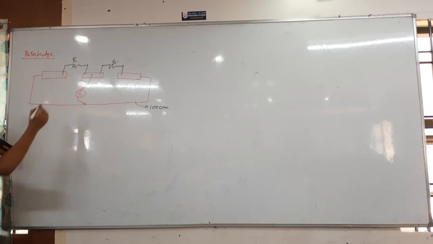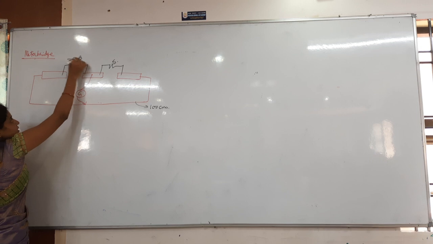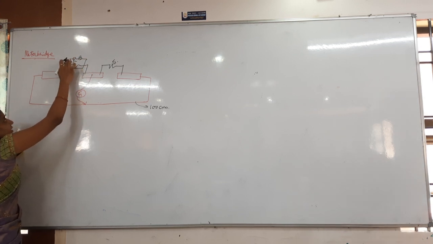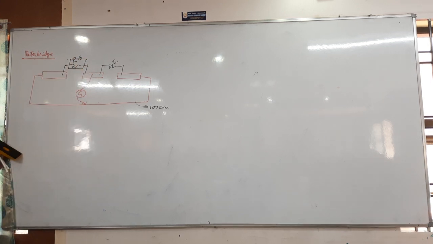Sometimes they will give it as a resistance box. Resistance kept in the box is a resistance box. In that, not only one resistor, there will be a number of resistors placed in one box. Whenever we turn that to 100 ohms, then 100 ohms resistance will come.